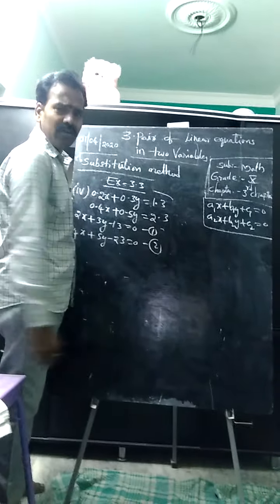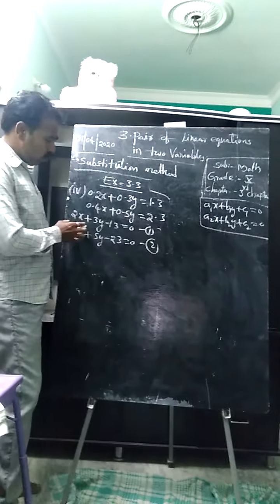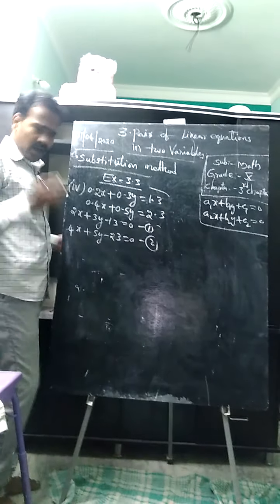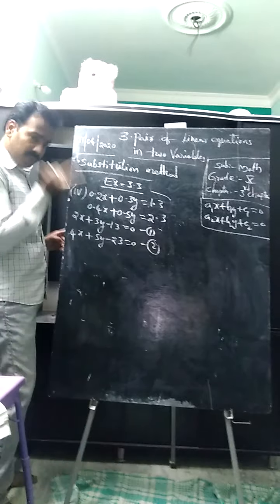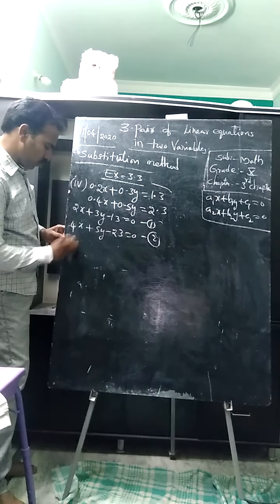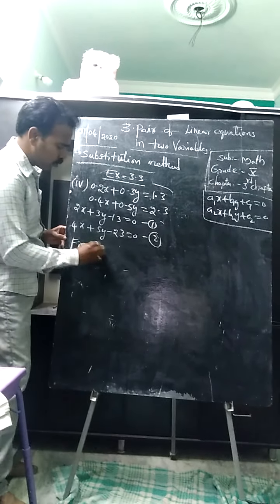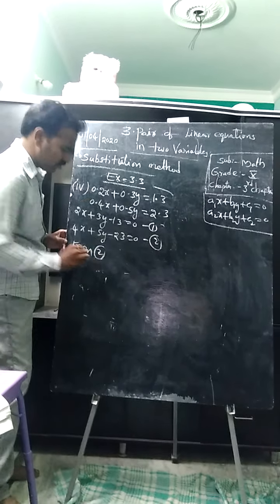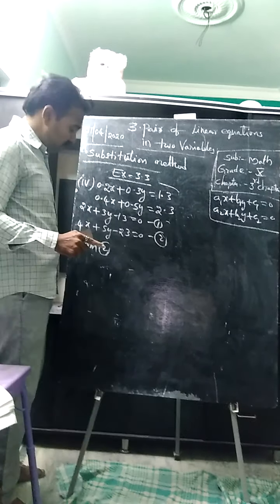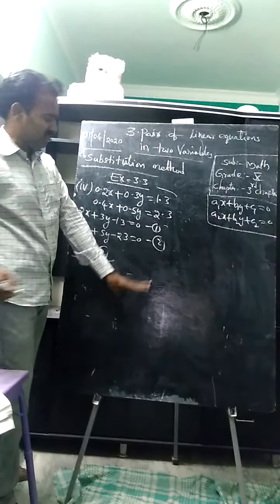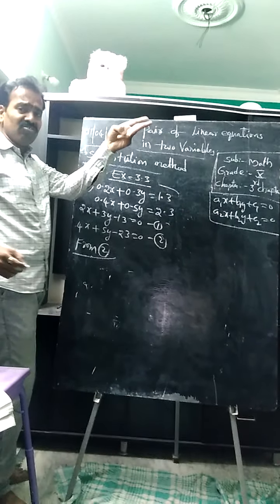So just now we checked they have a unique solution. Now we will solve by using the substitution method. As we know, either from 1 or 2, that is up to you. In the previous problem we did with 1, so now I will do with 2. Again I am saying, students, no rule that it must be from 2 only, from 1 also we can do. But the only thing is, from whichever equation we got the third equation, you substitute in the other equation, not in the same one.